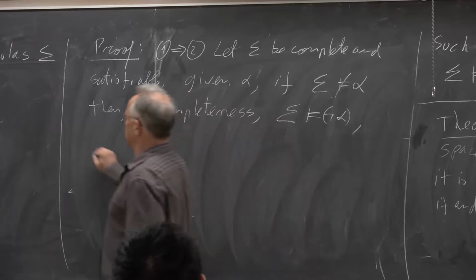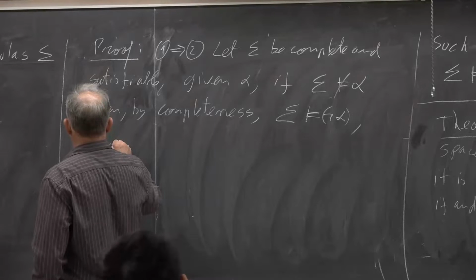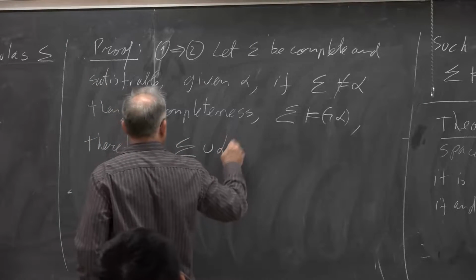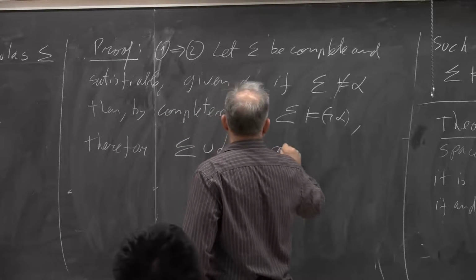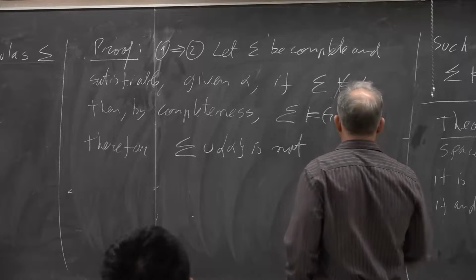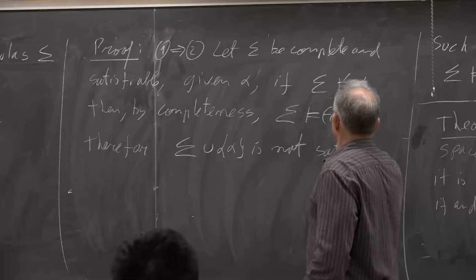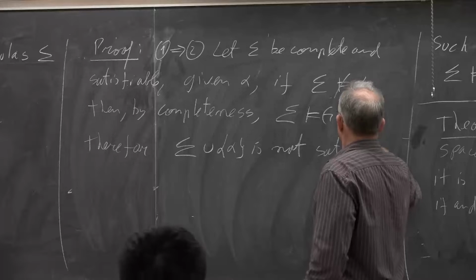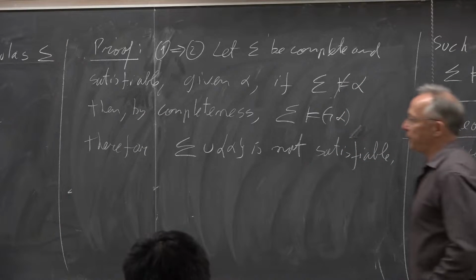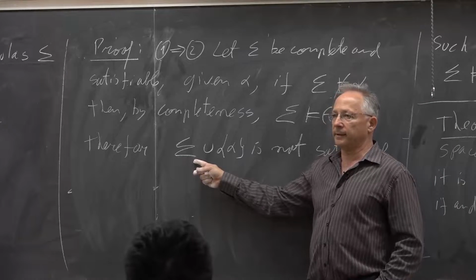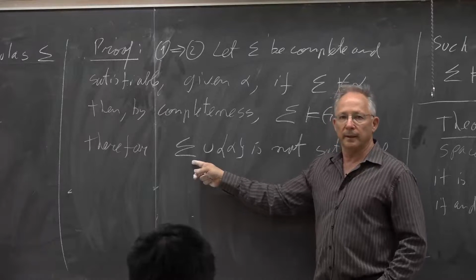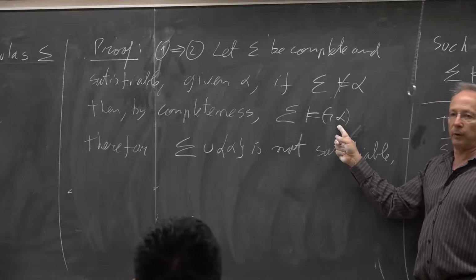Therefore, sigma union alpha is not satisfiable. I cannot satisfy all the formulas of sigma and alpha, because if I satisfy all the formulas in sigma, I must satisfy not alpha.